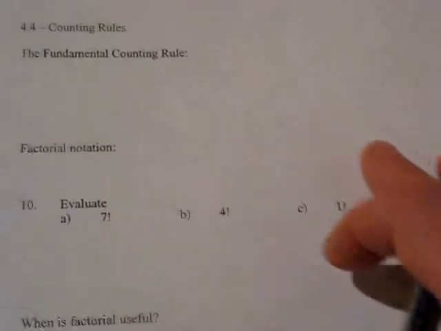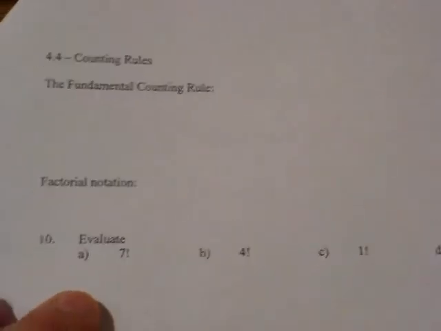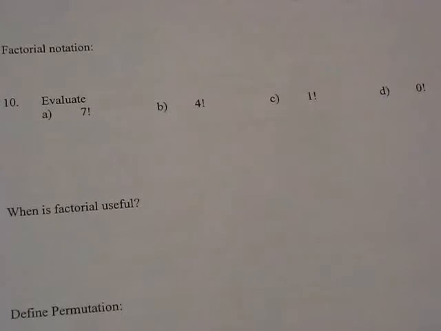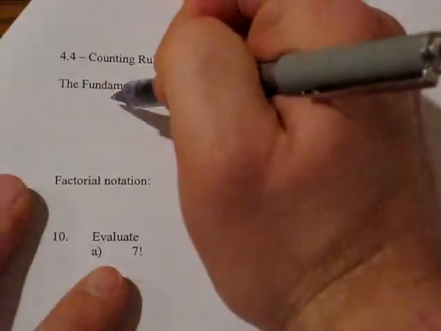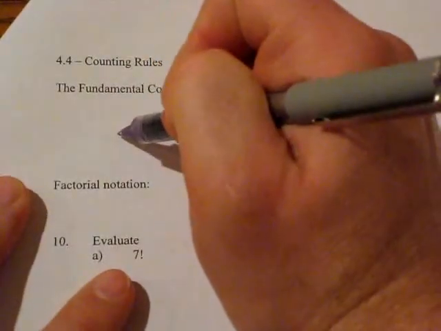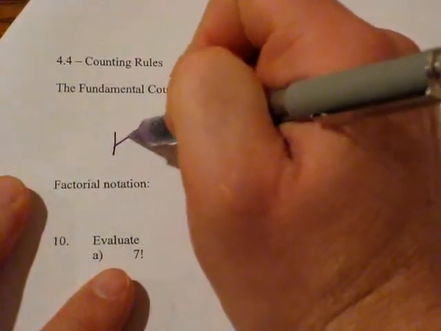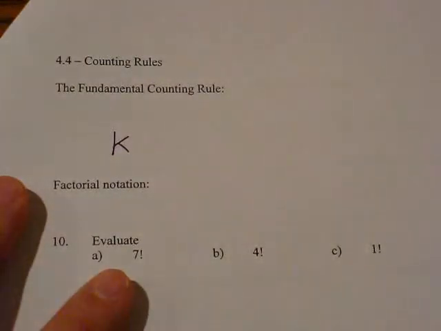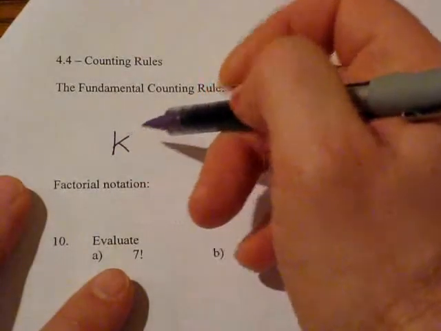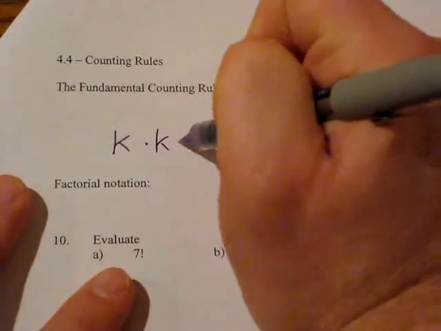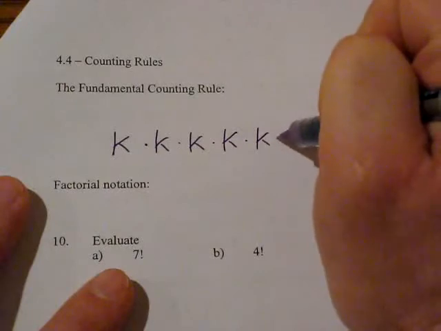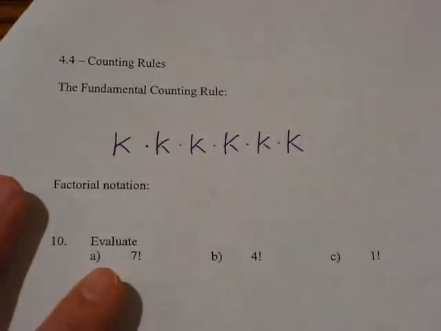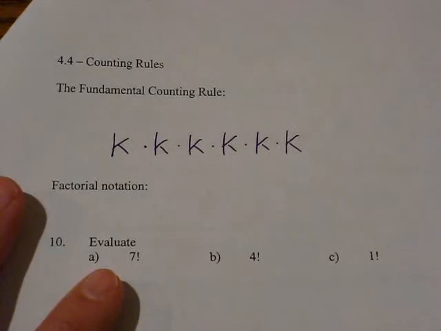All right, now we're moving on to our final part, section 3.4, counting rules. Here's the fundamental counting rule. If you have possibilities, and those possibilities have k number of outcomes, like flipping a coin that has 6 outcomes, and you want to flip it 6 times, you multiply the 6 times itself 6 times, and you'll see that there will be that many possibilities.